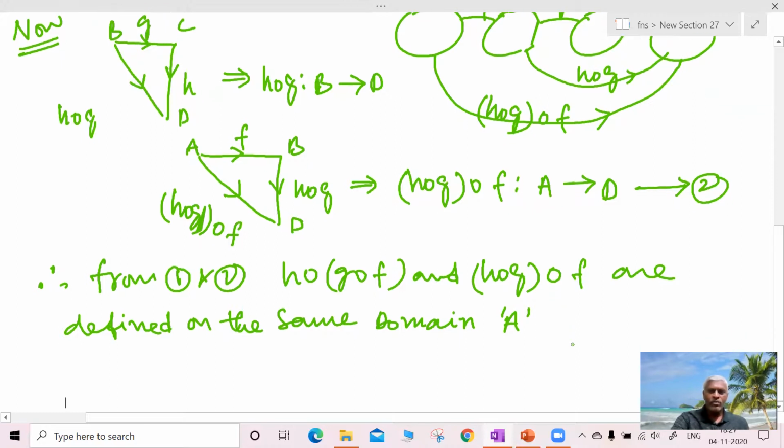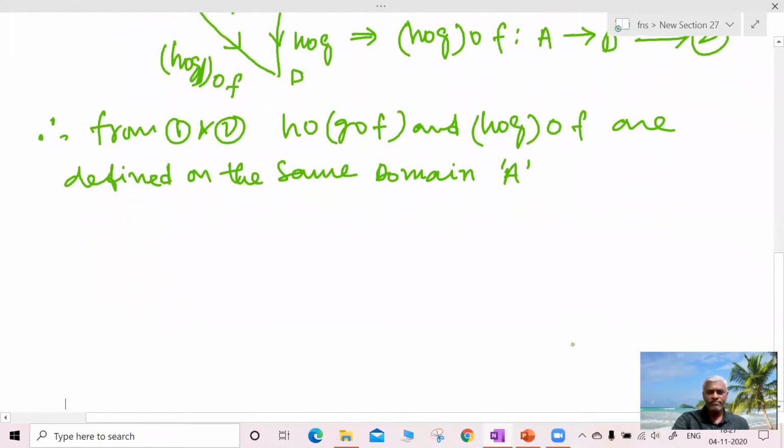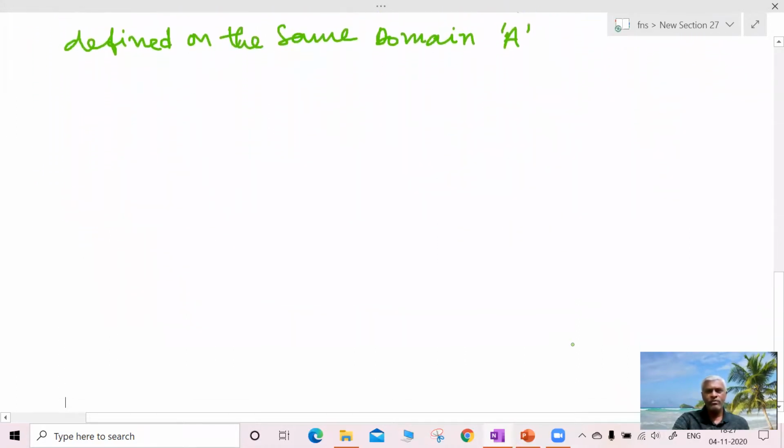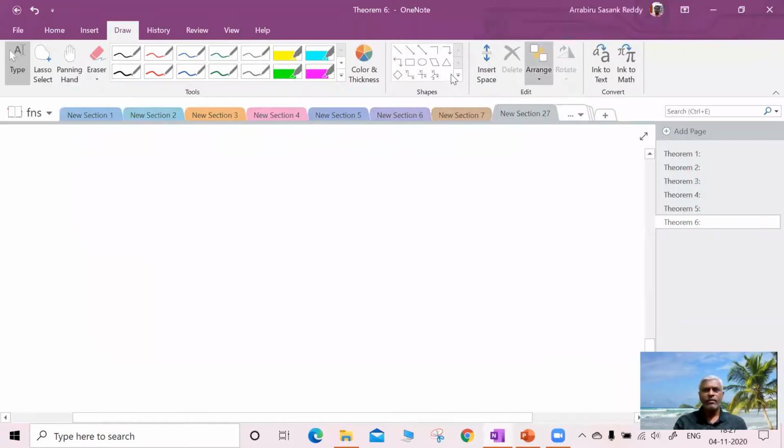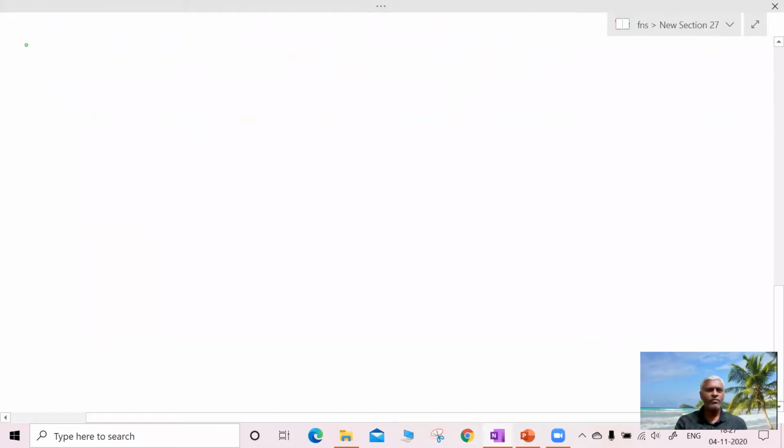Now we have to prove the range. We also have to prove the ranges are equal.